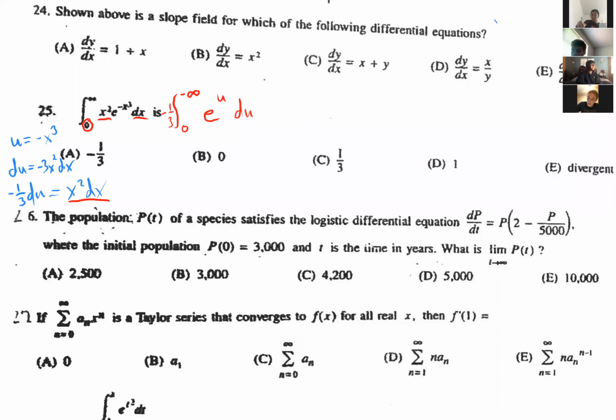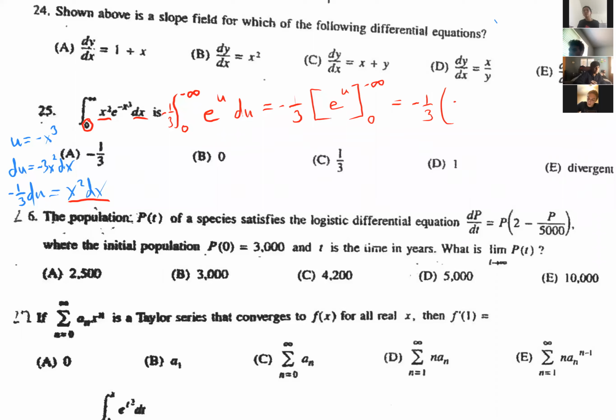So from this, I can get to my answer. So this is going to be negative 1/3 times the integral of e to the u, which is just e to the u, from 0 to negative infinity. Well, as u goes to negative infinity, that's the same as 1 over e to the u.